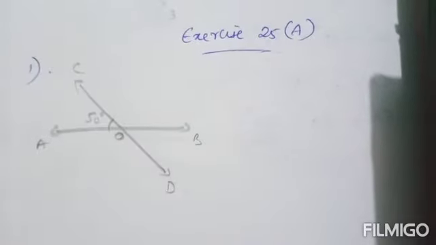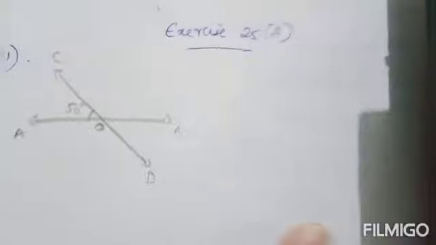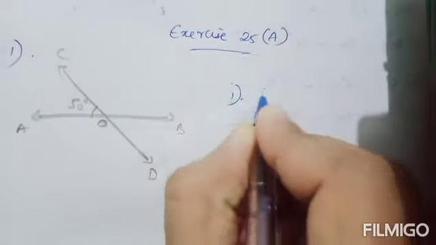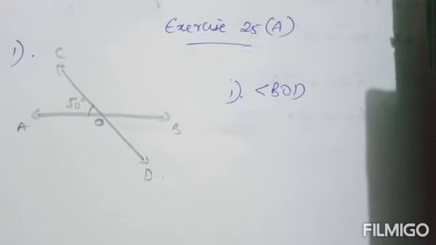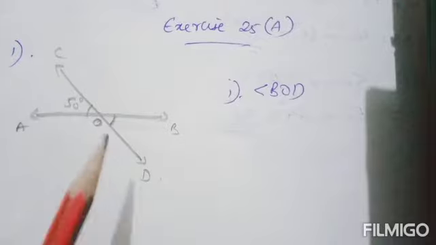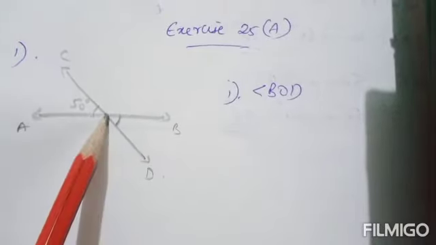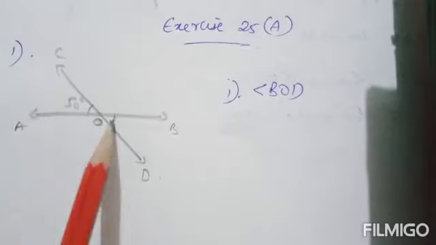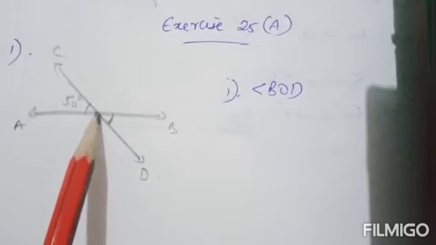Now angle AOC is given, this angle is 50 degrees. You have to find first one angle BOD. So angle BOD is this angle. Now you know if two lines AB and CD intersect at point O, angle AOC and angle BOD form vertically opposite angles.